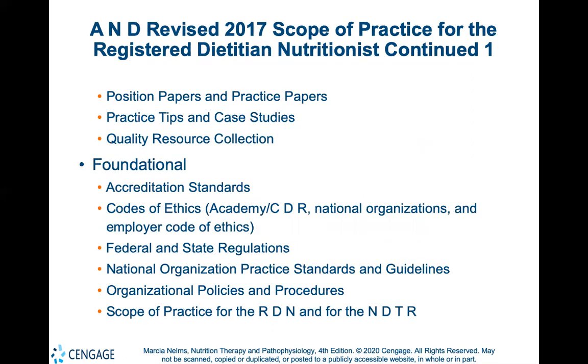Academy documents, along with applicable state and federal regulations, state practice acts, accreditation standards, organizational program policies, guidelines, and national practice informed standards serve as guides for ensuring safe, ethical, culturally competent, patient or person-centered quality nutrition and dietetic practices.